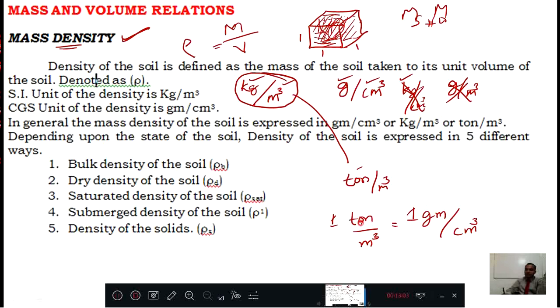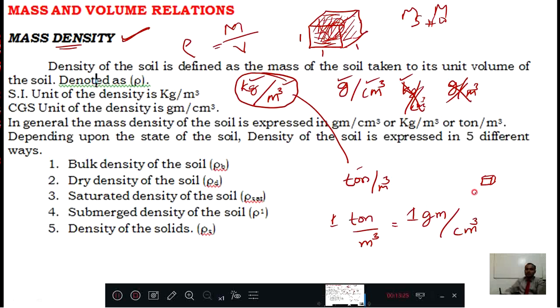1 ton means 1000 kg, and 1 kg means 1000 gram. Convert that, and convert meter cube into centimeter cube. Then you will come to know that 1 ton per meter cube equals 1 gram per centimeter cube. A centimeter cube is small, like the lid of a water bottle.